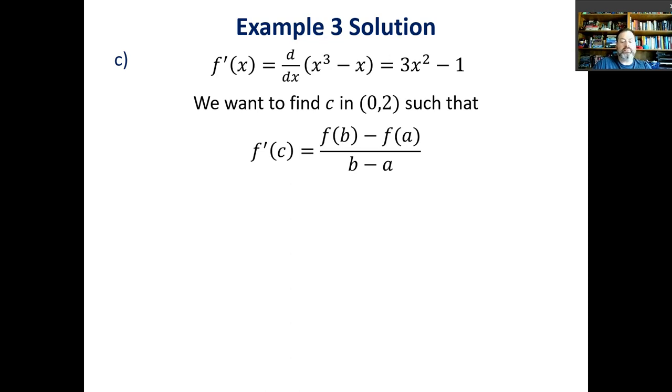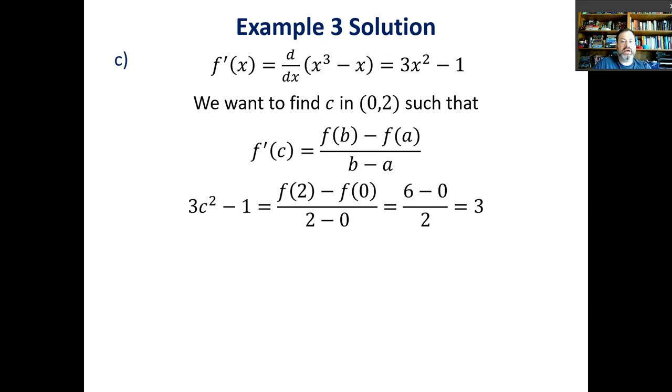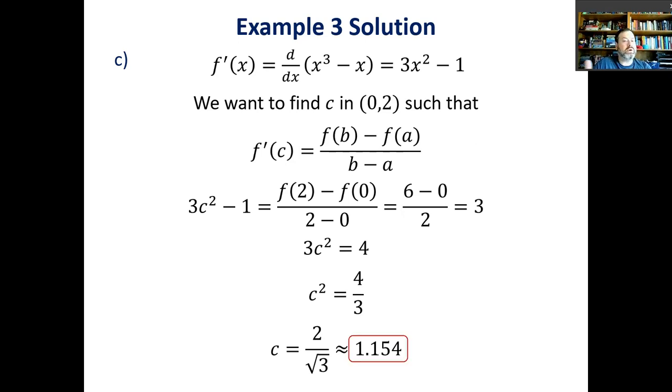On the left side, I plug c into the derivative, and I get 3c squared minus 1. Then I compute the slope of the secant line, and I get 3. So 3c squared minus 1 equals 3. So 3c squared equals 4. c squared is 4/3. And so c is 2 over radical 3, which is 1.154, which is pretty much what we thought it was based on the graph.